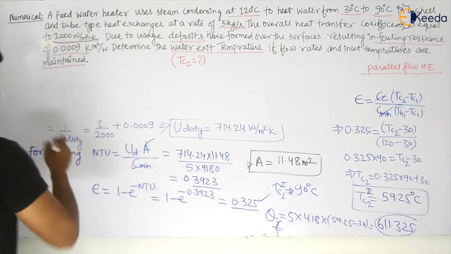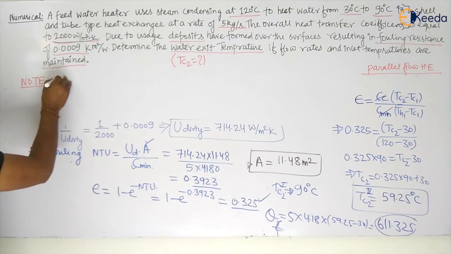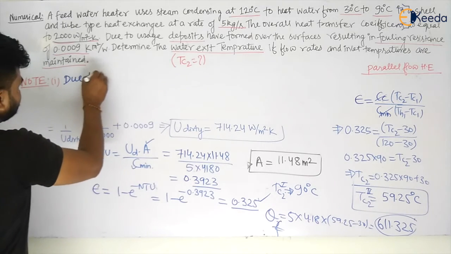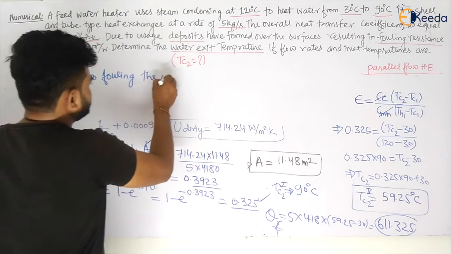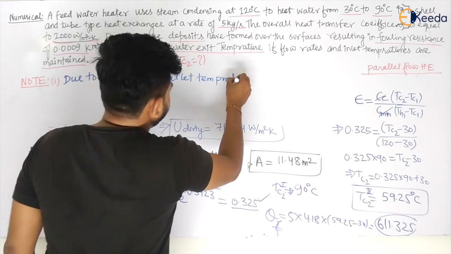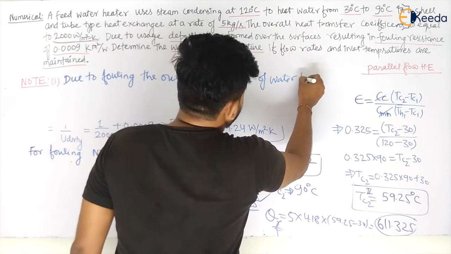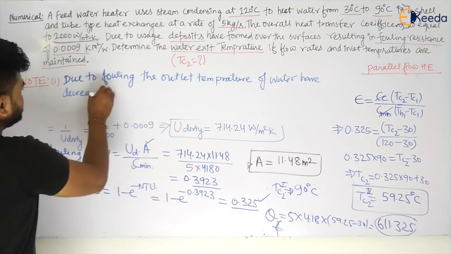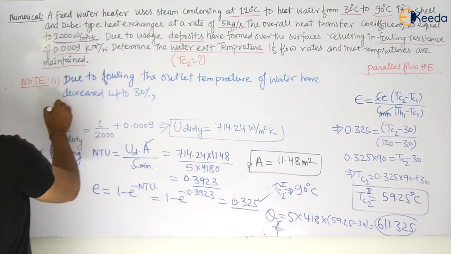So we can conclude that due to fouling, the outlet temperature of water has decreased up to 30%, my dear students.